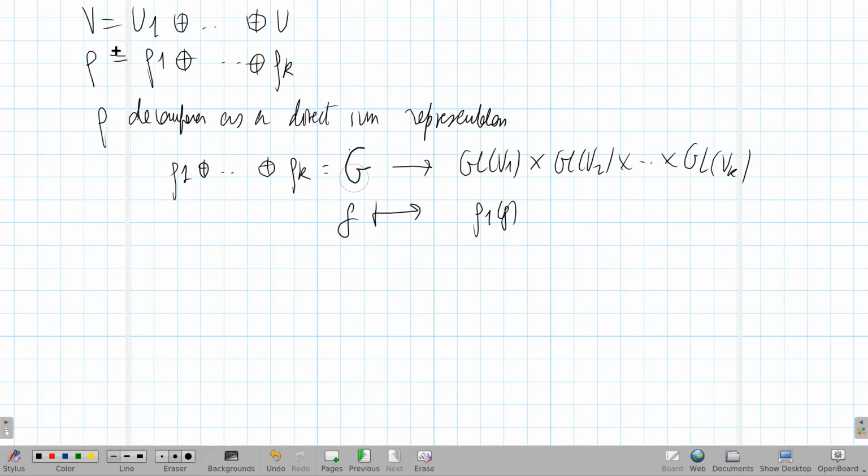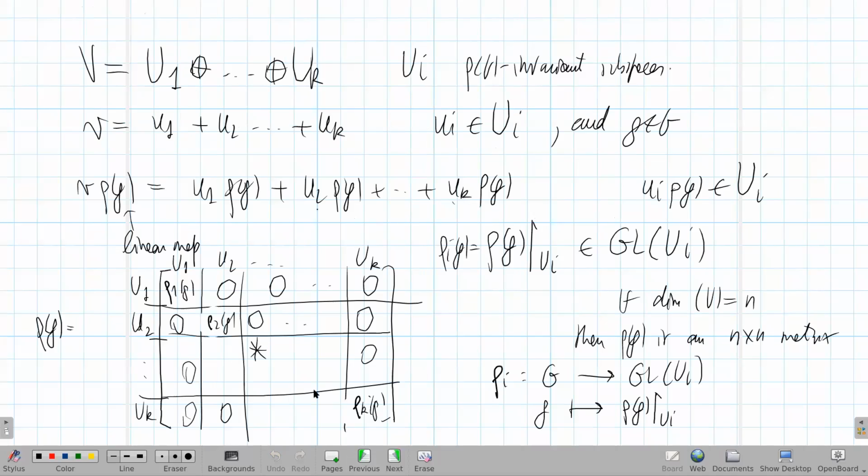So this is not exactly an equality, it's equivalent to this. This is a way of describing what's happening here: rho G is a block matrix where each block is an element in a smaller GL.